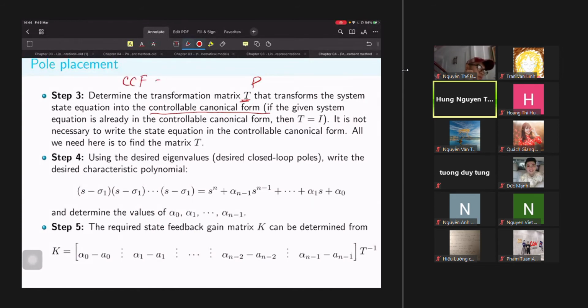It can be represented in this form: 0, 1, 0, and 0, 1, and here we have minus a naught, minus a1, up to minus a(n-1), and B is 0, 0, 1, something like this.